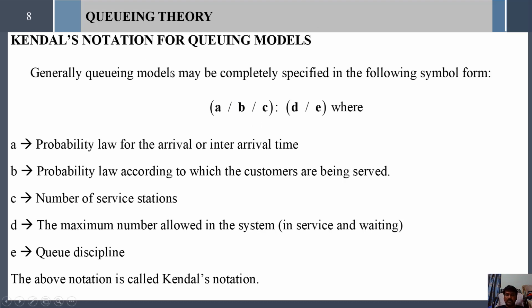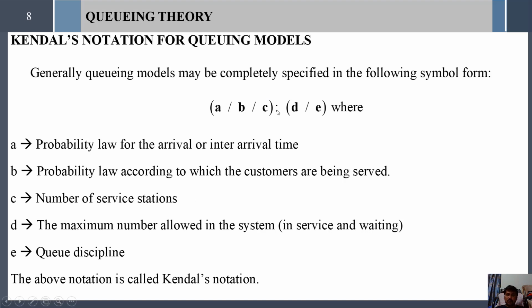So A explains the arrival pattern and B tells you about the service pattern, and C is nothing but the number of servers. In an ATM kiosk center, if 3 ATM machines are there, then C equals 3. In any banking section, if the number of cashiers is 2, then like that.